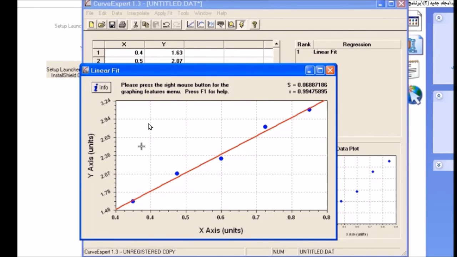Where is the equation? Only need to press at this key, info. Press at info.